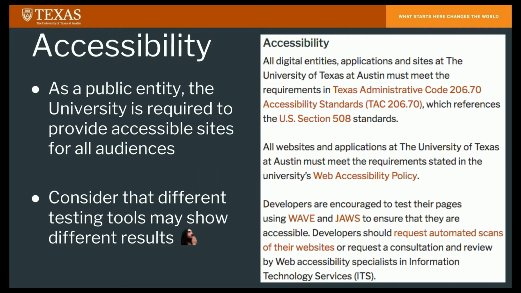As far as accessibility, I haven't mentioned this before, but accessibility is a must for us because the university, as a public entity, is required to provide accessible sites for all audiences. And one personal note: I must advise that there are times in which different testing tools might show different results.